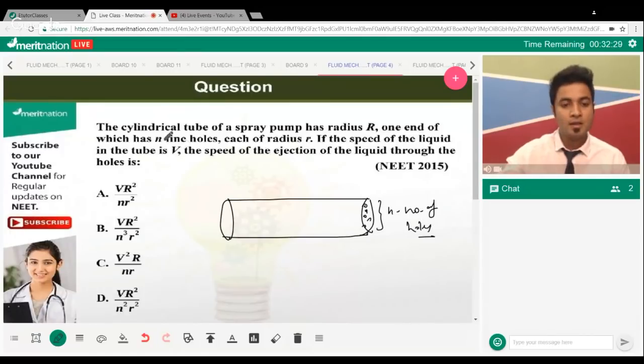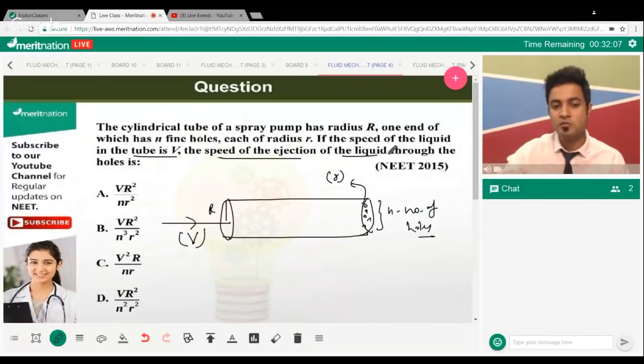This cylinder has radius r at one side, and at the other end it has n holes, and each hole has a radius of small r. If the speed of the liquid in the tube is v, meaning the liquid entering at this end is v, you need to calculate the speed of ejection of the fluid through the holes. Any one of the holes you can consider, right?